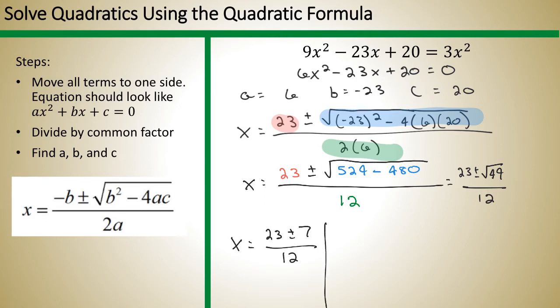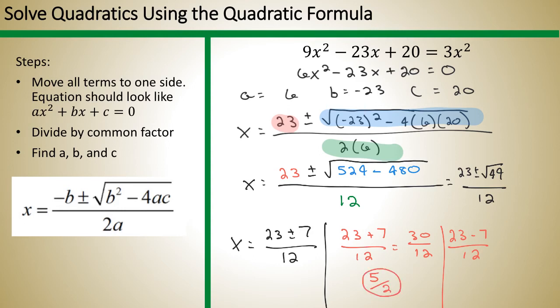So we have 2 different expressions here. So we have 23 plus 7 over 12, and we also have 23 minus 7 over 12. So this one's going to be 30 over 12. That's going to simplify down to 5 over 2.